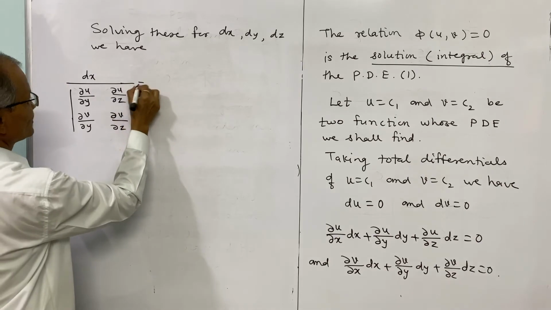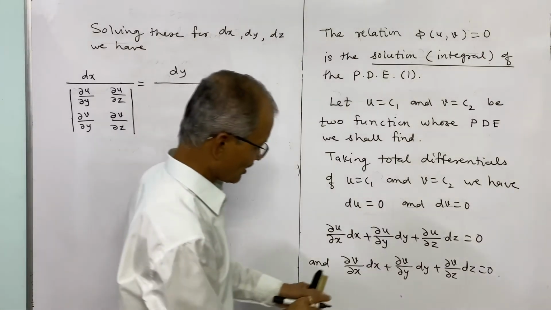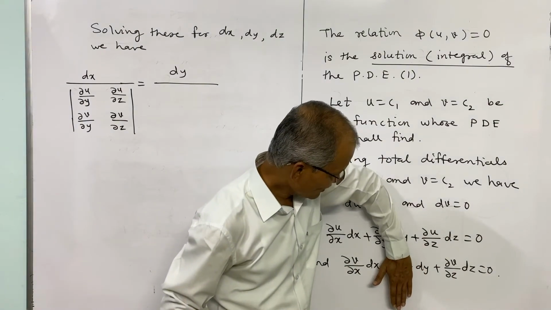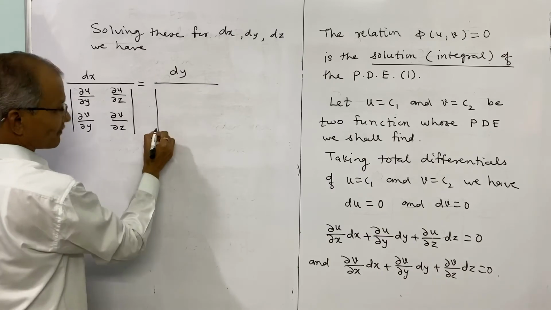Partial derivatives of this. This is equal to dy. For dy there is a negative sign, and if you hide this part, then we will write this as the first column of the determinant.